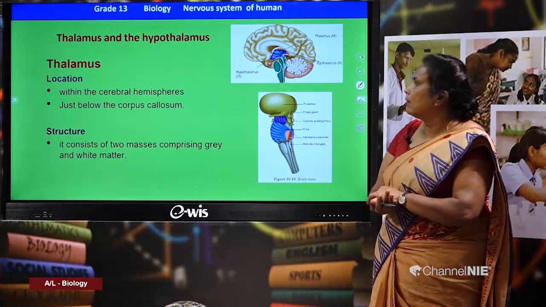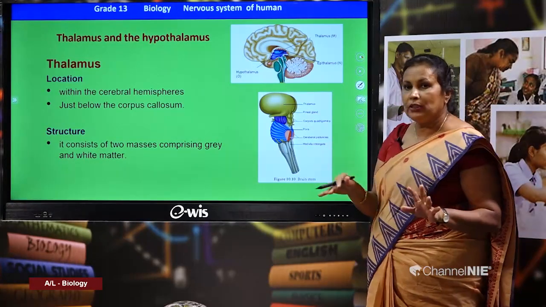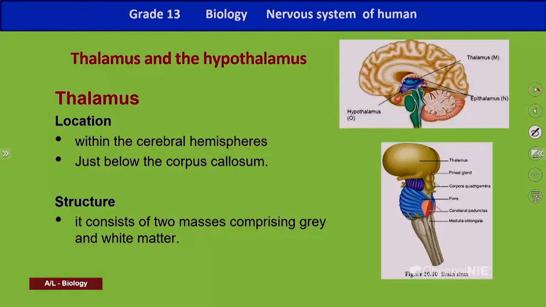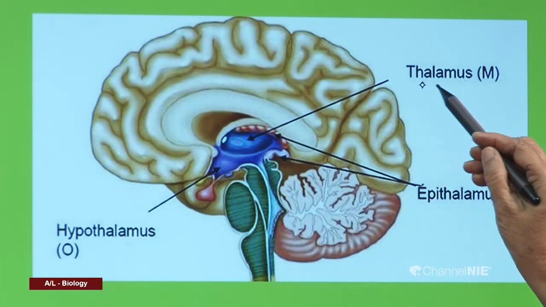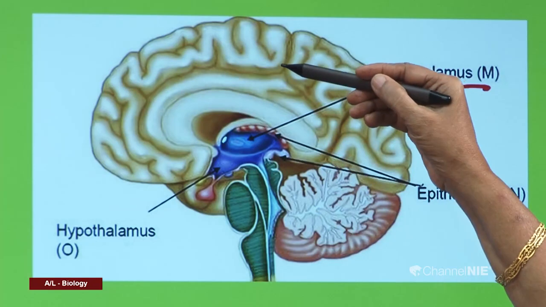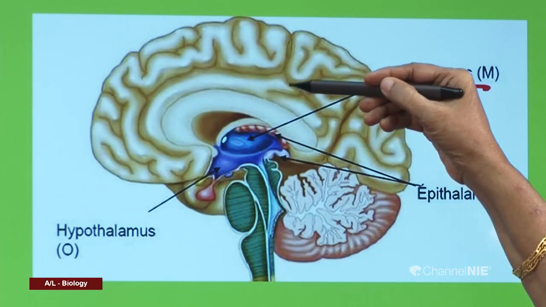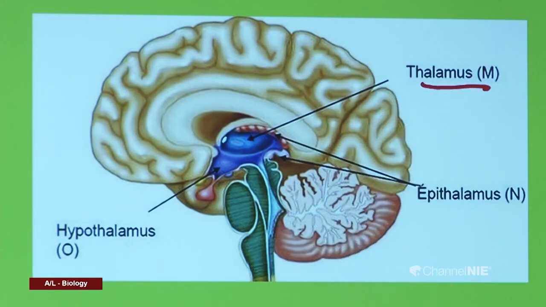Next I am going to move to the thalamus and the hypothalamus. They also develop from the forebrain of the embryonic region. You can see in this diagram, the thalamus is marked here. It is situated in the deeper region of the cerebrum.